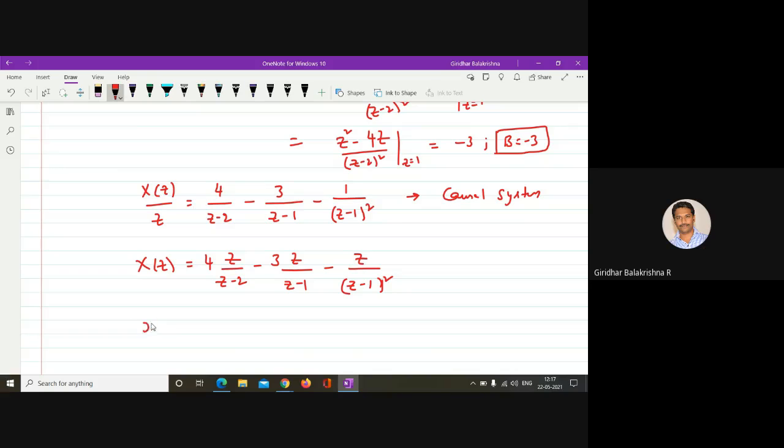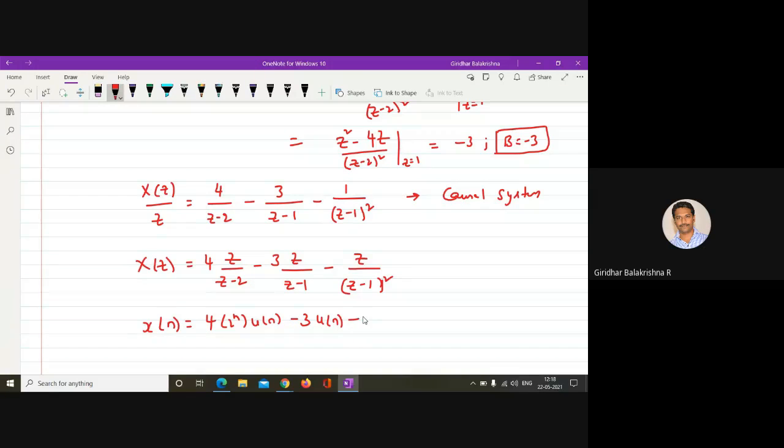The inverse z transform of x of z is x of n equal to 4 into, for z by z minus 2, what is its inverse z transform? 2 power n into u of n. Minus 3 is constant. For z by z minus 1, its inverse z transform is 1 power n into u of n.